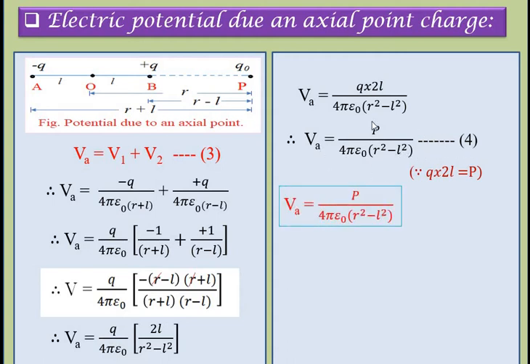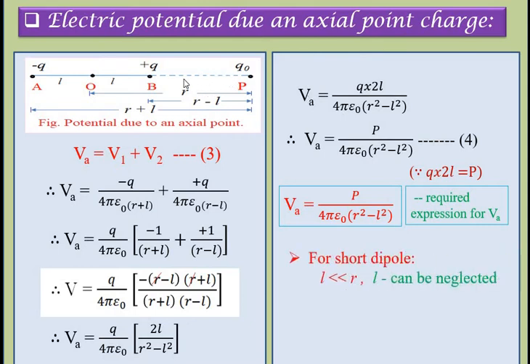This is the required expression for the electric potential due to an axial point, that is, point P along the axis of the dipole, and this potential is at point P.